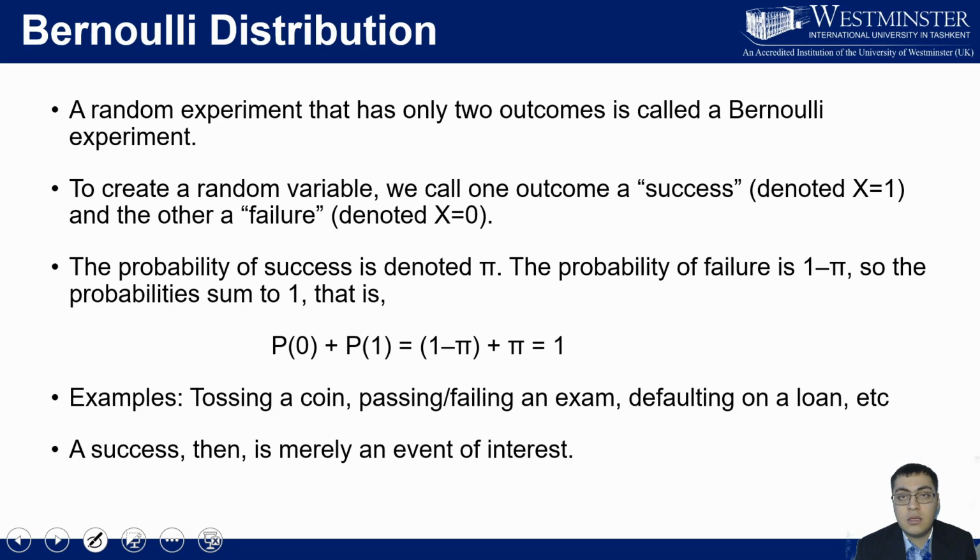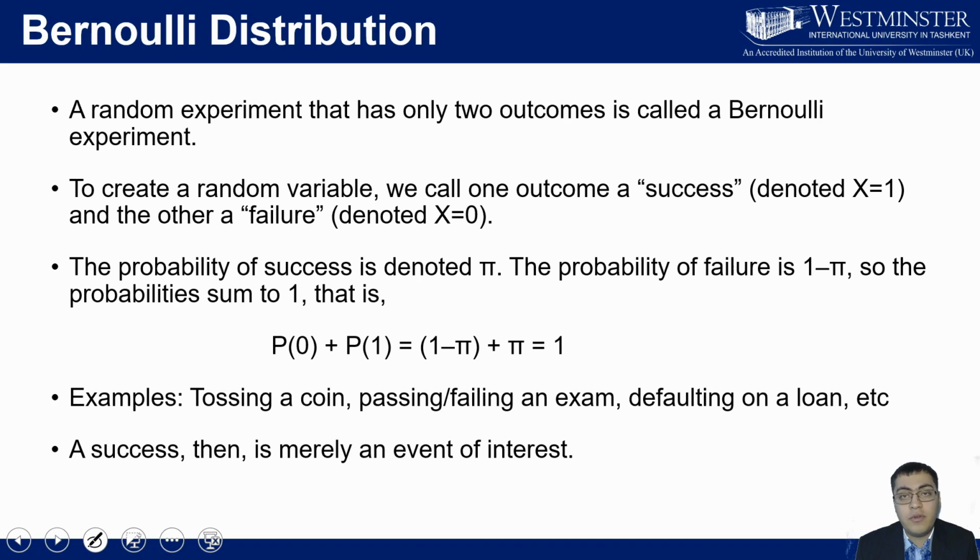That is the event that we are interested in. We would label it as a success, also denoted by x equals 1, and the other outcome as a failure, also denoted as x equals 0. Then the probability of a success would be written as pi.